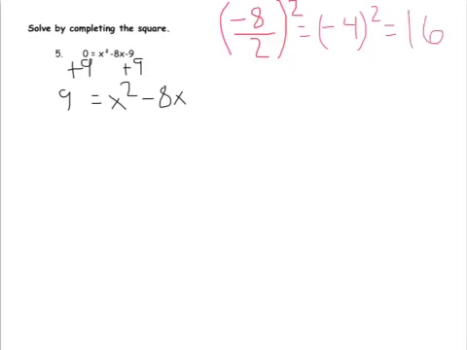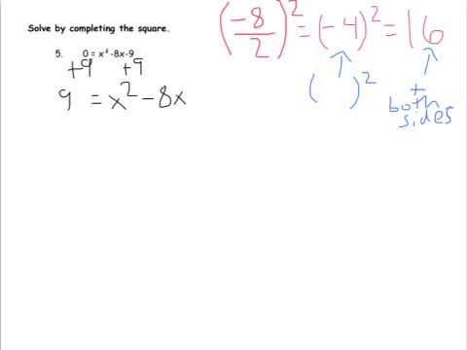Now both this one here and this one here are important. This guy goes inside the parentheses squared, and this one gets added to both sides. Both sides. So we're going to use both of those numbers at some point in this process.